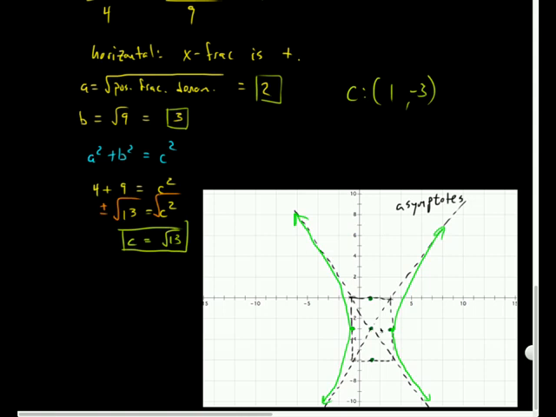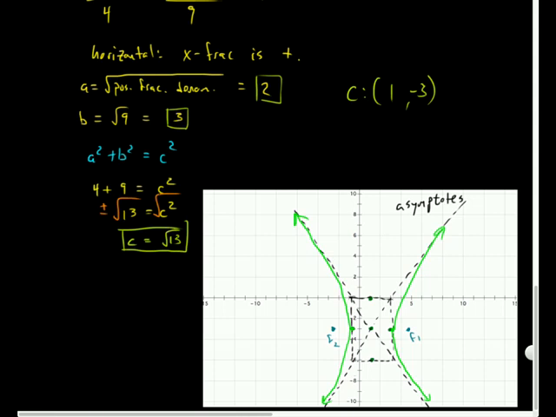So I'm going to move 1, 2, 3, 4, and back up a little bit, somewhere like here. And if I go 1, 2, 3, 4, and somewhere between 3 and 4, those would be my foci. So there would be F1 and F2 if I wanted to label those. And that would be my hyperbola.